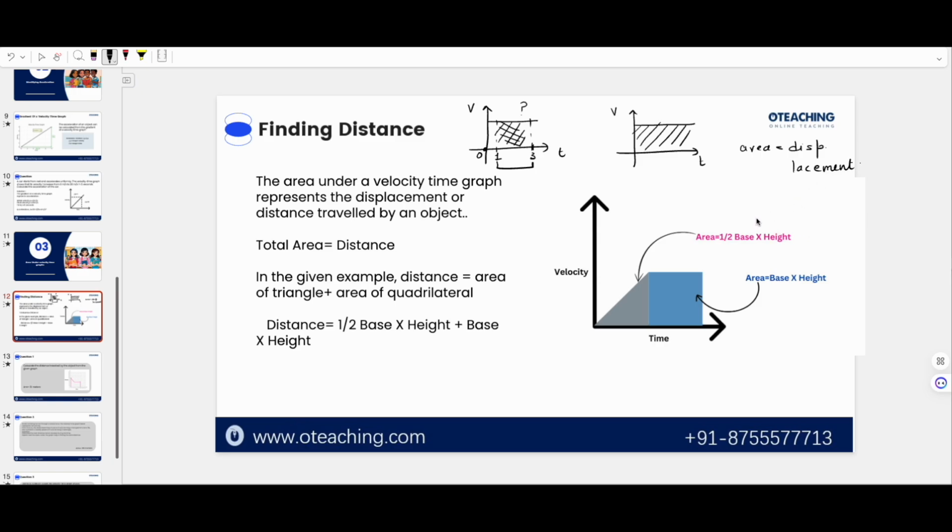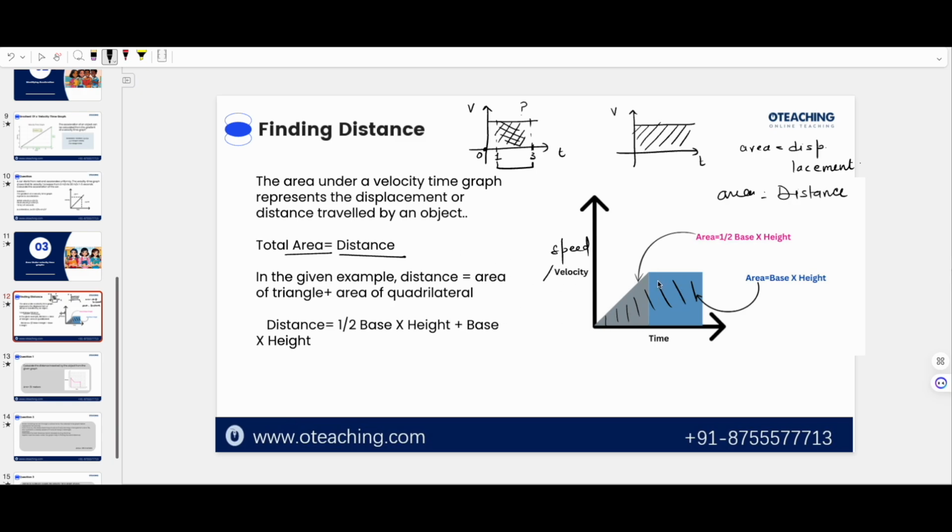But if your question states that it's a speed time graph, where speed is written instead of velocity, then the area under this graph is going to give you distance. Just remember that the area will be equal to the distance. So how would you find the total area? The total area is given as distance.